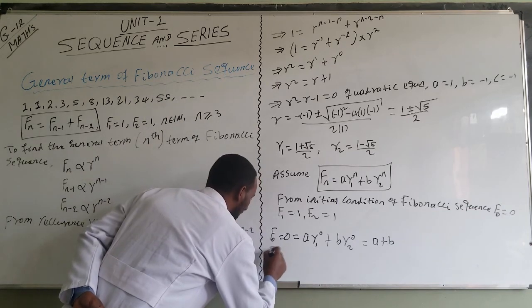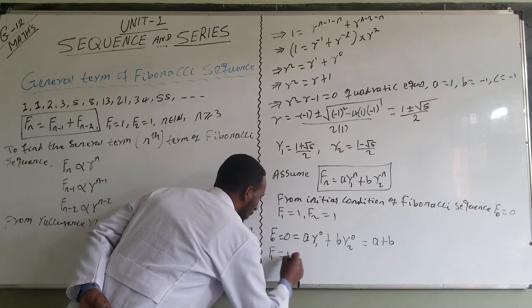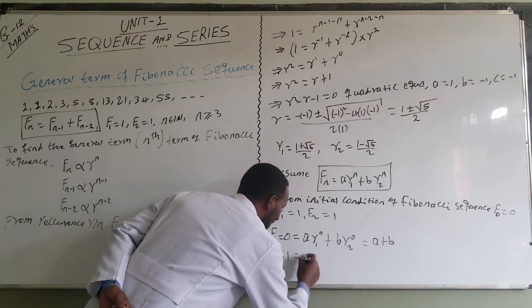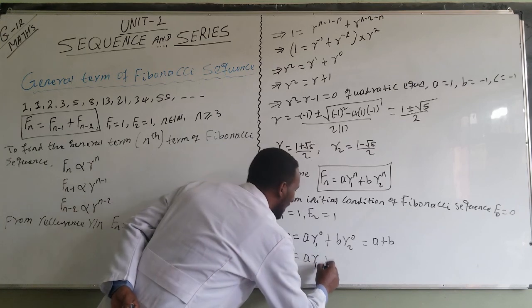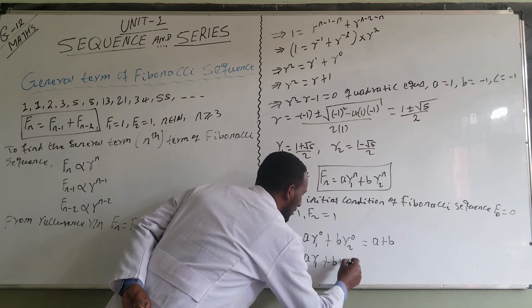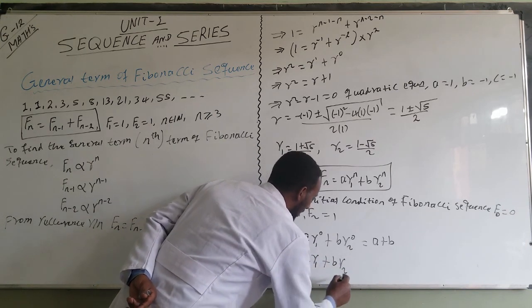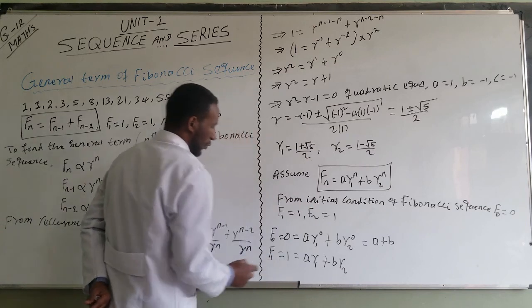When we take f of 1 is equal to 1, which is equal to A times R1 to the power of 1 plus B times R2 to the power of 1 is equal to 1.